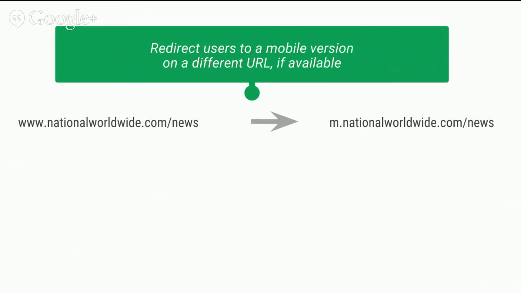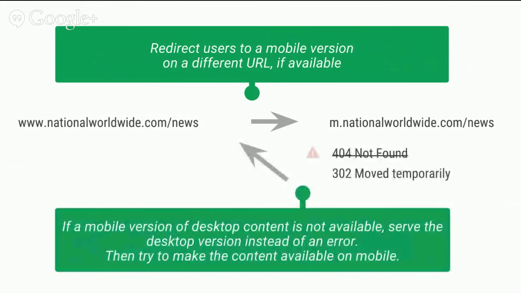That's a good behavior. And the follow-on is, if there is not a mobile version of that desktop content, you're better off redirecting them to the desktop version instead, rather than actually showing them an error page. Then you should make an effort to try to make the content available on mobile.